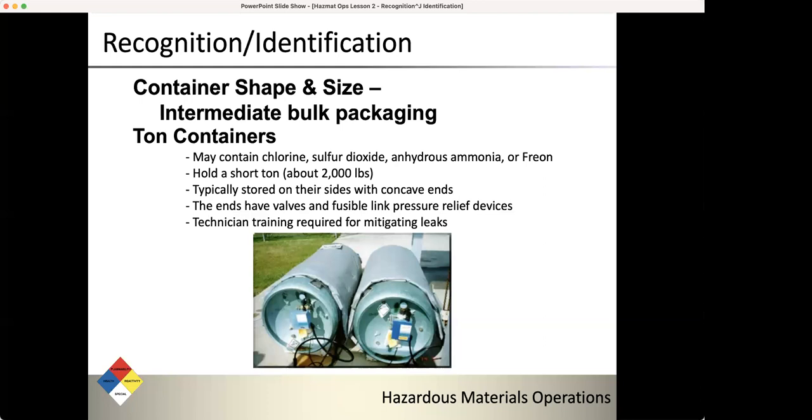You need to be a technician, with technician training, to mitigate the leaks on these. We have special kits that allow us to cap those and whatnot. Usually the locations where they normally are have chlorine sensors, which are pretty sensitive, so we can know that there's a chlorine leak.